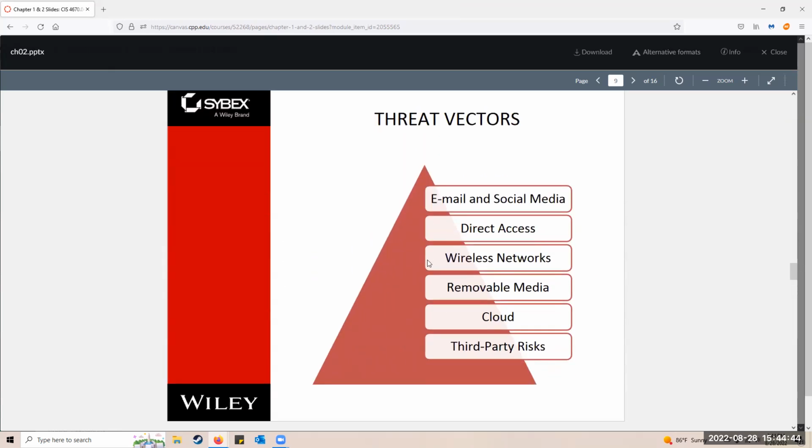All right, so there's a lot of different threat vectors. And what I mean by a threat vector is how can somebody or something gain access to my system? Well, typically that is through a back door that's already implanted into the system. And the bad guy or gal just has to take advantage of that hack.